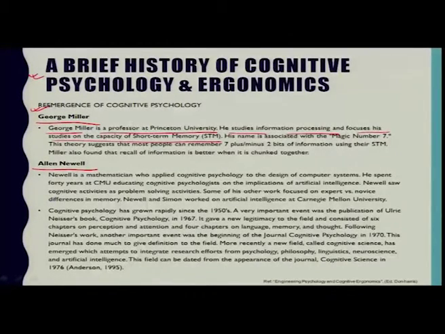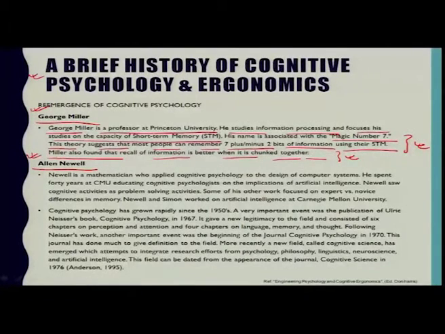His name is associated with the magic number 7. This theory suggests that most people can remember 7 plus or minus 2 bits of information using their STM. So, this we have learned. Miller also found that recall of information is better when it is chunked together, which we were learning on our previous slides.